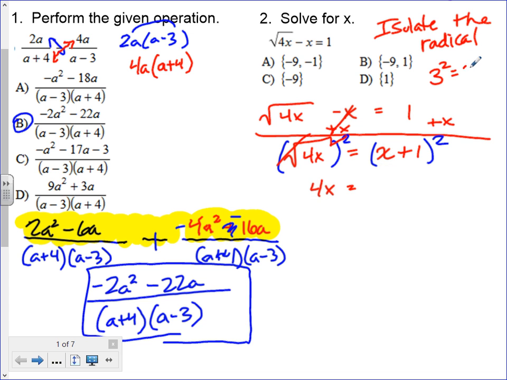That means 3 times 3, right? What does 8 squared mean? 8 times 8. So x plus 1 squared means x plus 1 times x plus 1. Right? So you square the binomial, that means the binomial times itself. And use the claw.